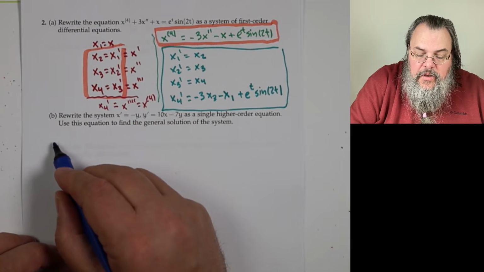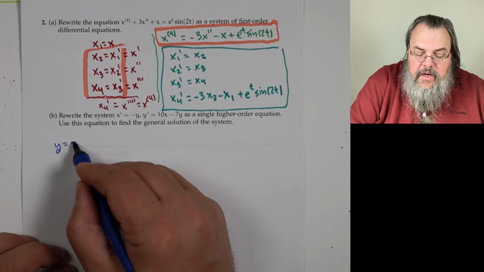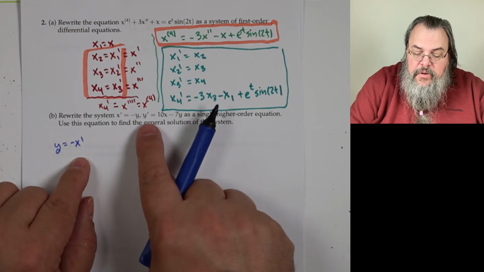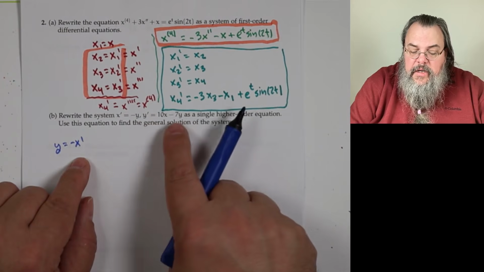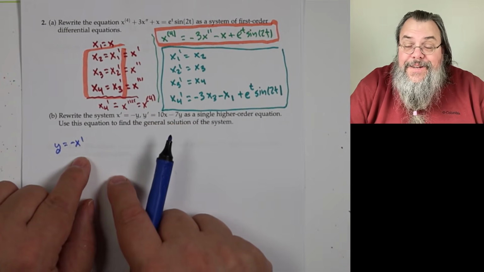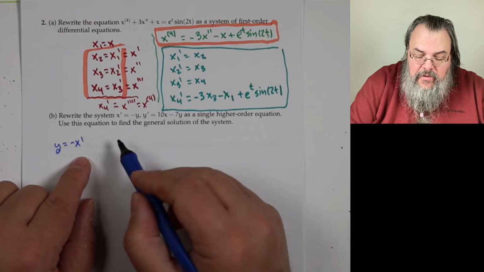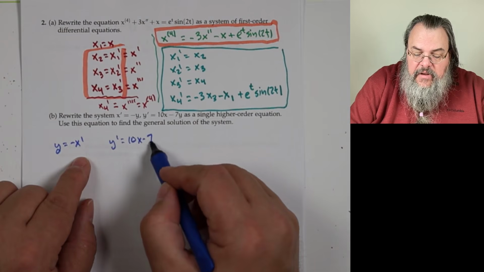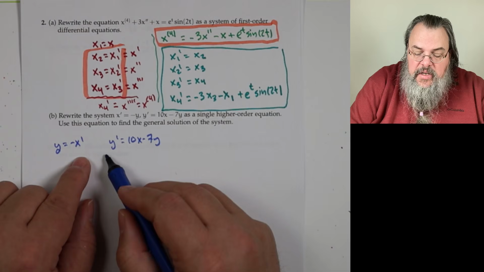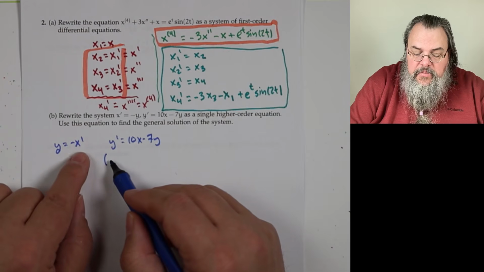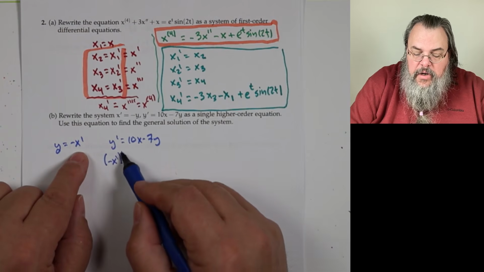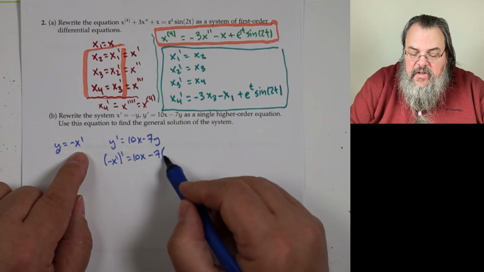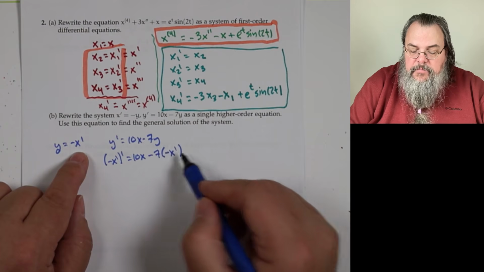We're going to say, look, this says that y is minus x prime. So everywhere I see a y, I can now rewrite it using x. I'm going to start with y prime equals 10x minus 7y. And then y, remember, is minus x prime, so minus x double prime equals 10x minus 7 times minus x prime.